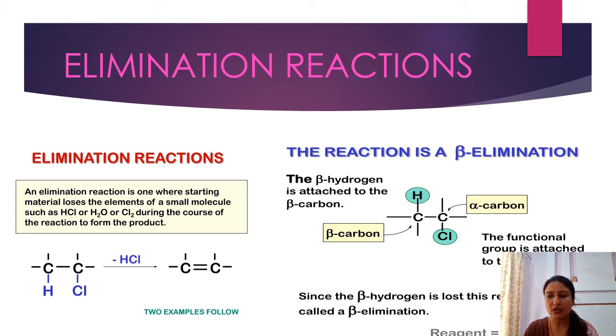Since beta hydrogen atom is involved in elimination, it is called a beta elimination reaction. Here is the possibility of formation of more than one alkene due to availability of more than one beta hydrogen atom. Usually the more substituted alkene formed is the major product. So these are known as the beta elimination reactions.